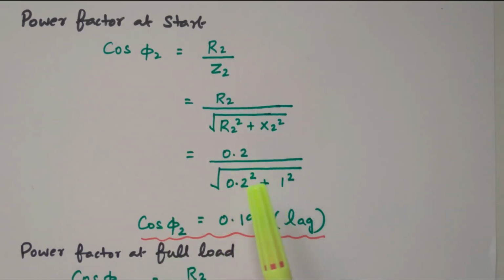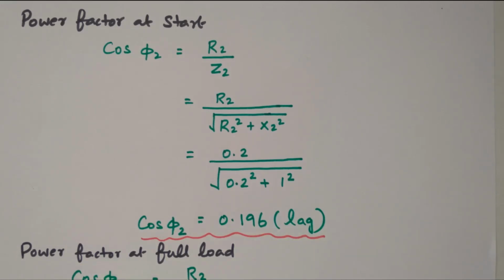These values are already available, R2 is 0.2 square plus the reactance 1 square, right. So, by simplifying what we got, 0.196, power factor cos phi 2 is 0.196 lagging, because of the inductor we put it as lagging.